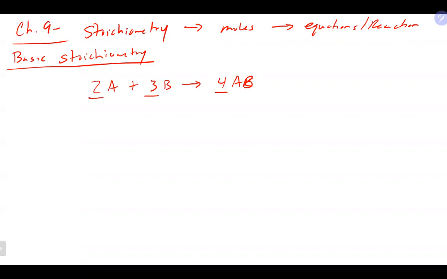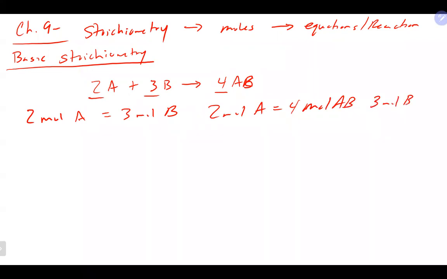So we could take all the coefficients here from the balanced equation, and we could say in this example that 2 moles of A reacts with 3 moles of B. 2 moles of A gives us 4 moles of AB. 3 moles of B gives us 4 moles of AB. So these are all the equivalents that we could get from the equation. Any of these, we could write 2 conversion factors to work these problems out.